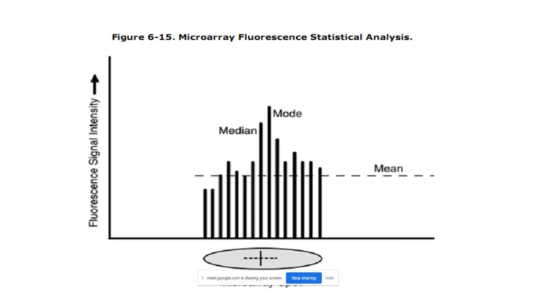The height of the bar represents intensity, so we are only considering the intensity. There are no two different variables. The height of the bar represents the mean, median and mode intensity.